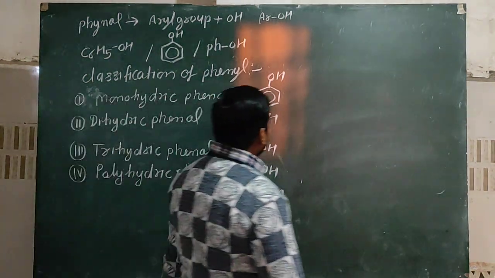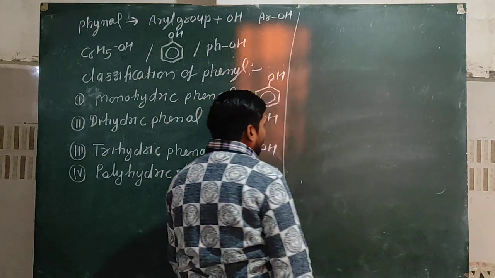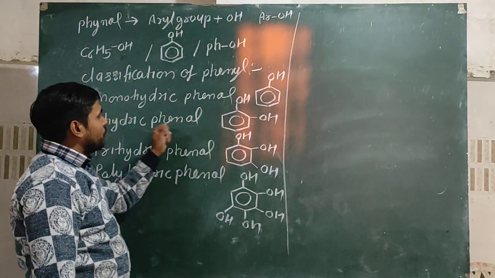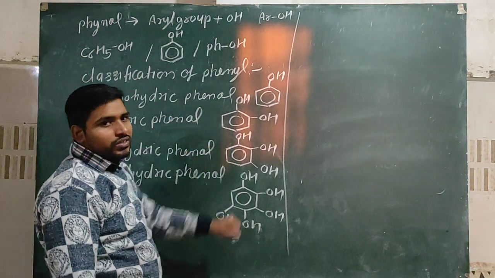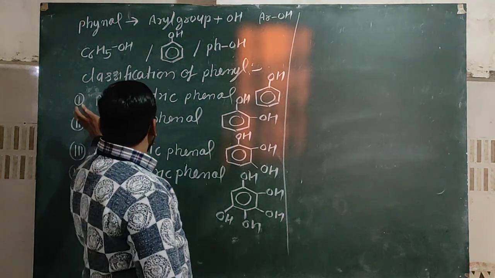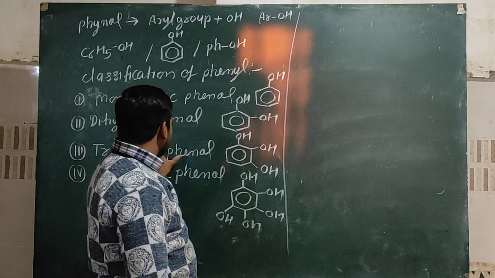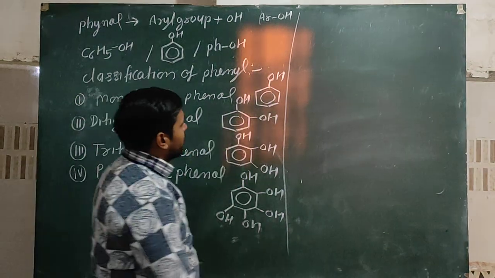If we try to understand monohydric phenol, then according to the number of different functional groups, according to the number of different side chains, the monohydric phenol, dihydric phenol and trihydric phenol are also categorized in different categories.